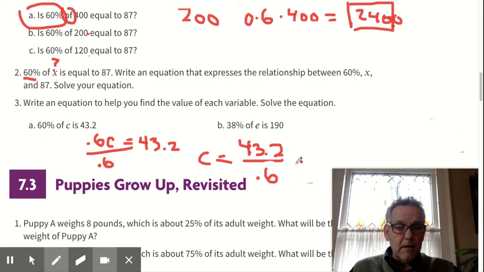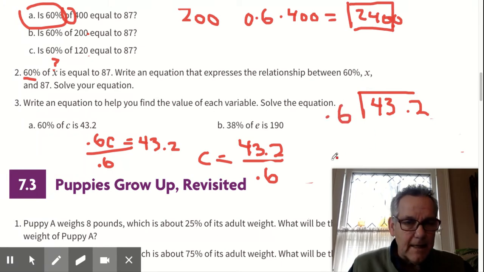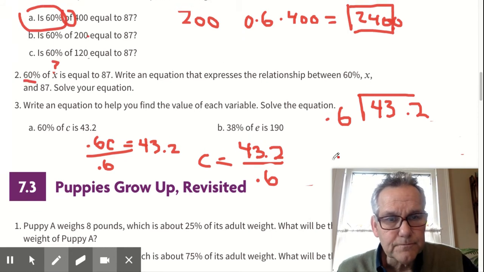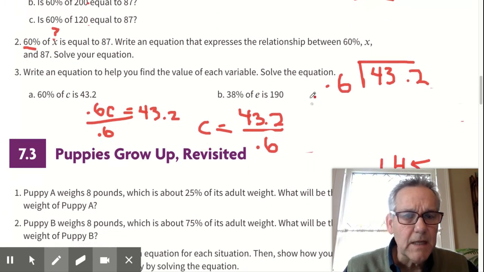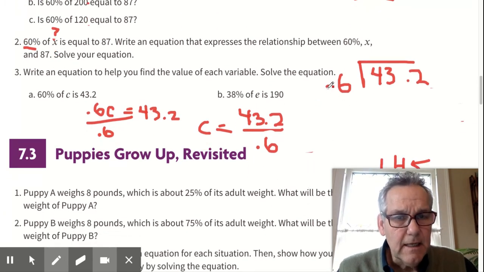So I'm going to do this one out, but the next one we'll do using a calculator. So we have 43.2 divided by 0.6. And again, I'm not going to divide by 0.6.